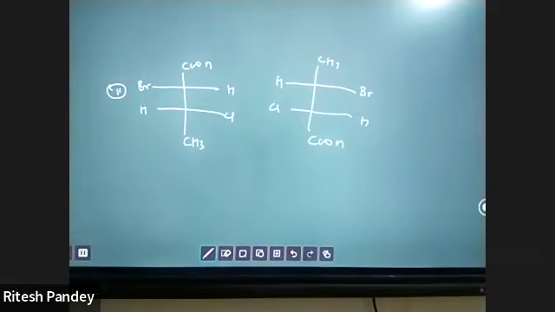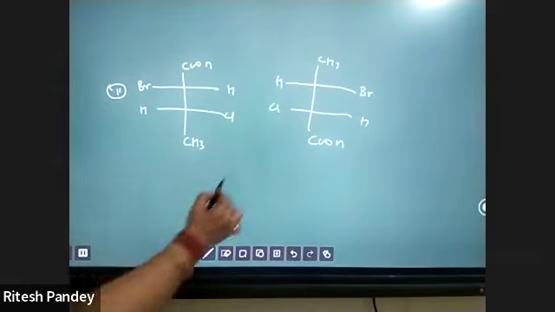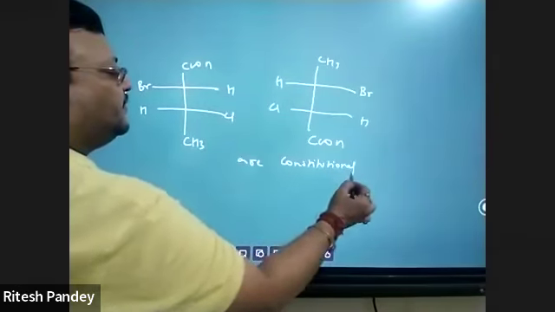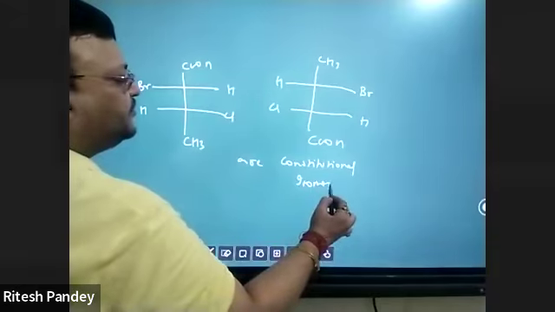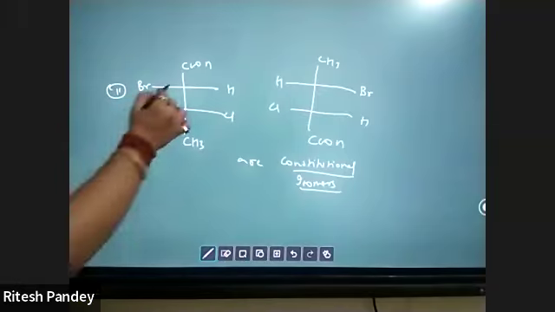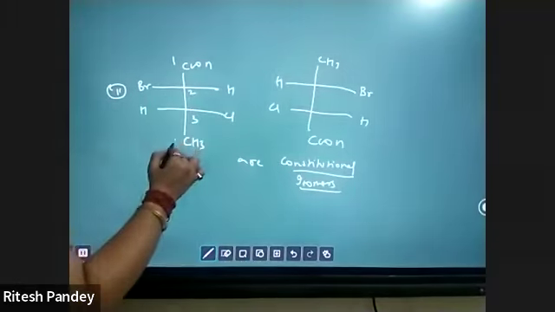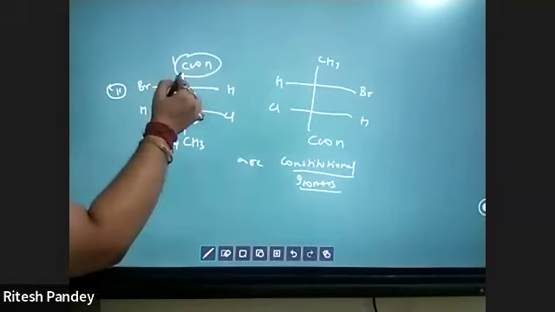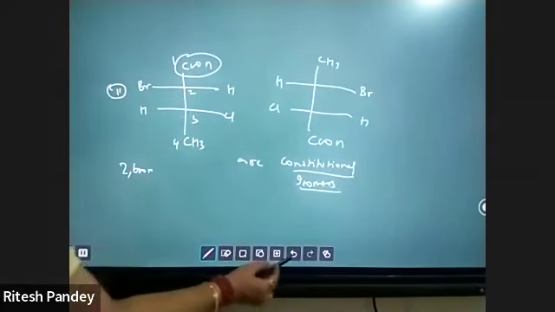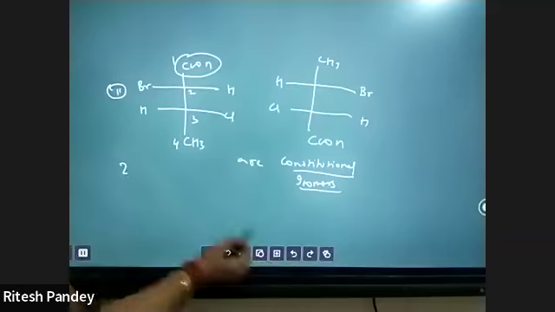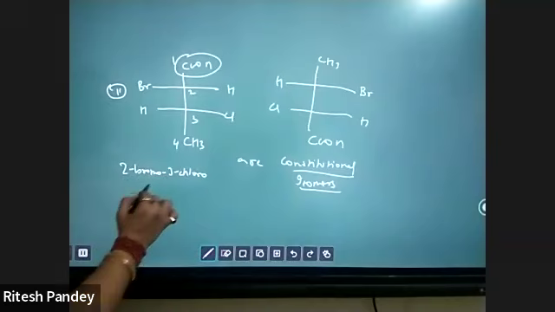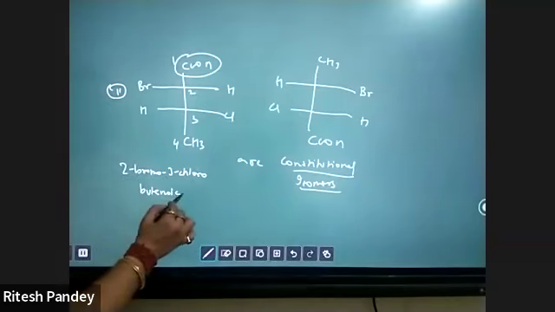Sir, they are constitutional isomers. Certainly. Excellent. They're constitutional isomers because there will be two different compounds altogether. The carbon to which you have bromine attached, if I number it by the maximum priority functional group, this would be 2-bromo 3-chloro butanoic acid.